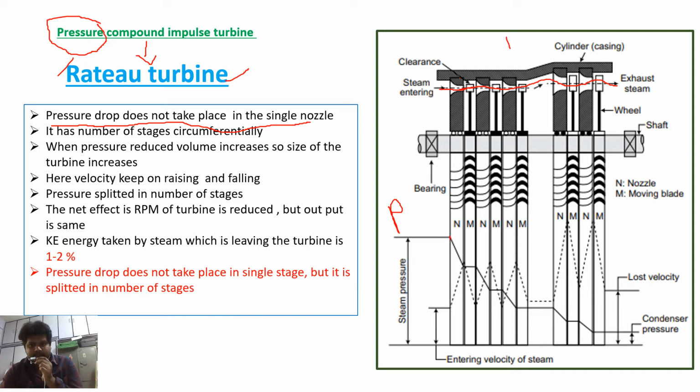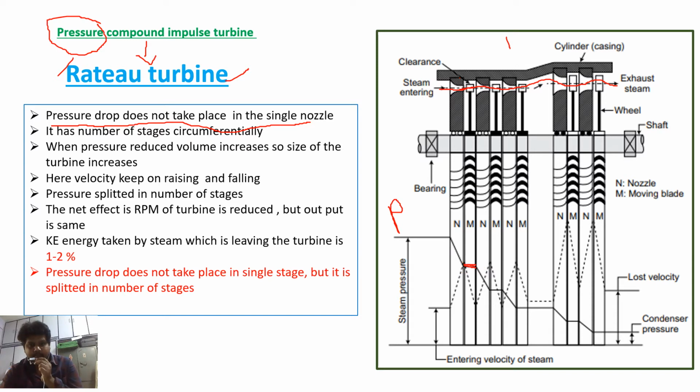When steam enters the nozzle, the pressure decreases, because the function of the nozzle is that by reducing the pressure, the velocity increases. From the nozzle, it will enter into the blade. As we know, in an impulse turbine, when steam passes over the blade, there is no change in the pressure. Only in the nozzle there will be a change. So the pressure is constant when it passes through the blade, so it is a straight line.